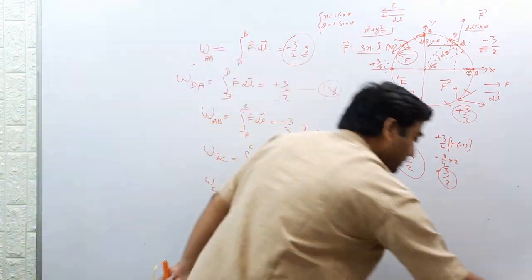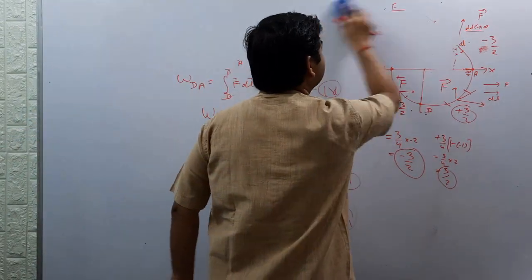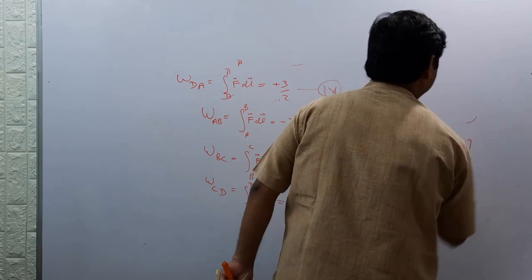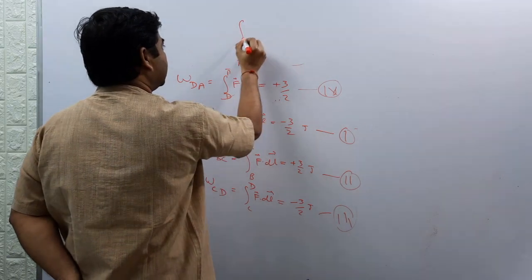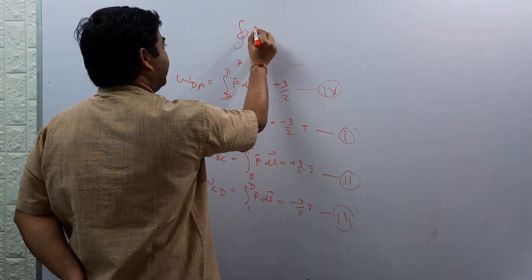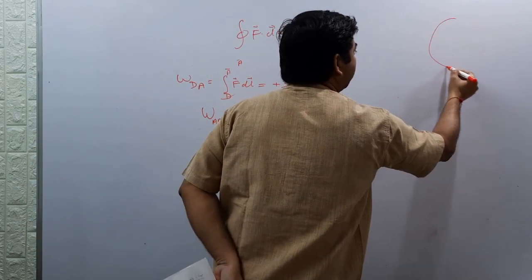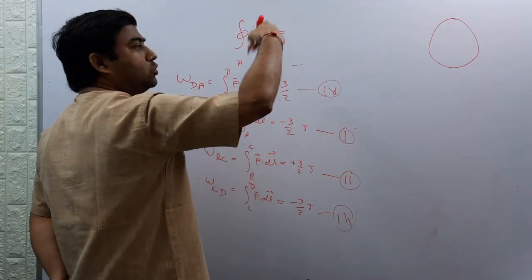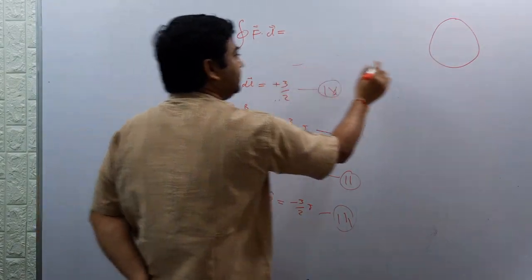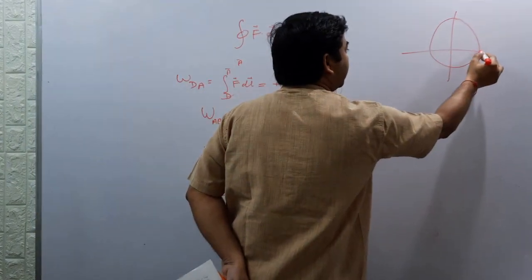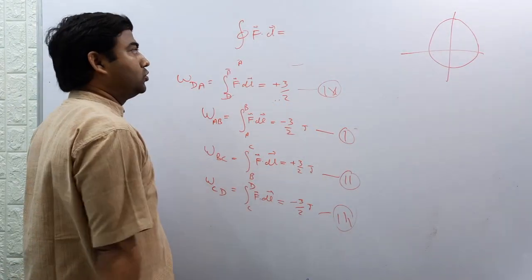Now here we can see circulation. How will you find the circulation? Circulation, that is the closed-path line integration of F dot dl. Circulation means the line integration for a closed path. So that was the circle of radius 1 meter. So circulation will be from here to here to here to here, crossing all four quadrants.